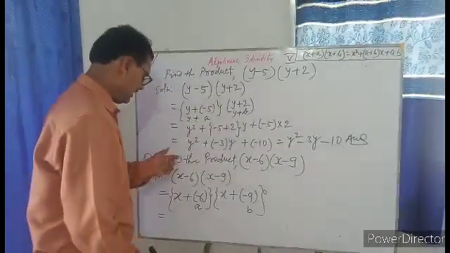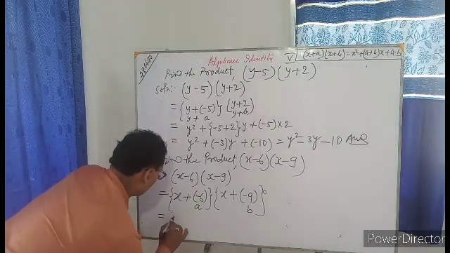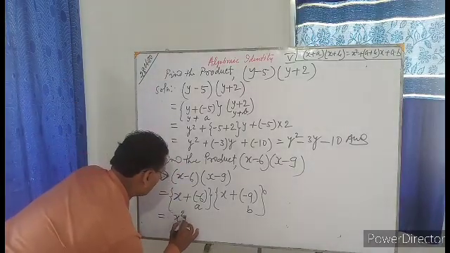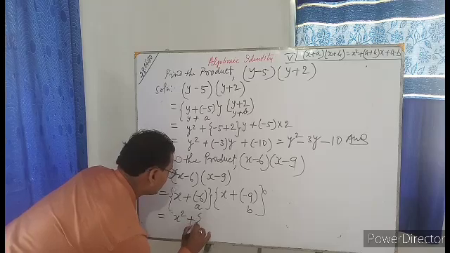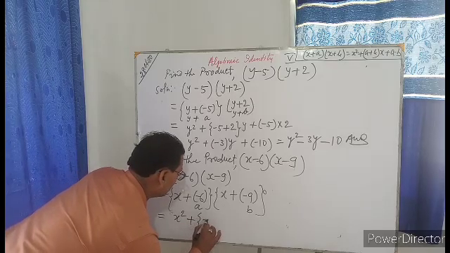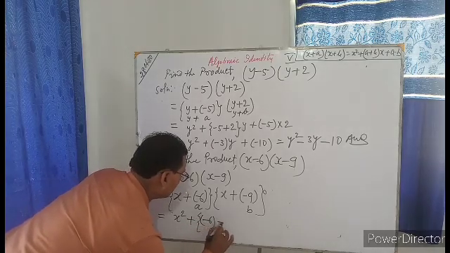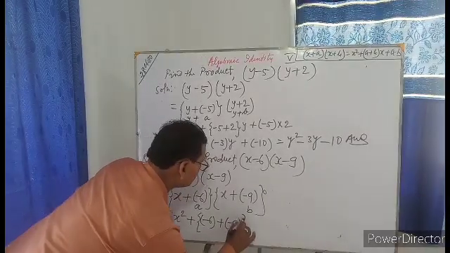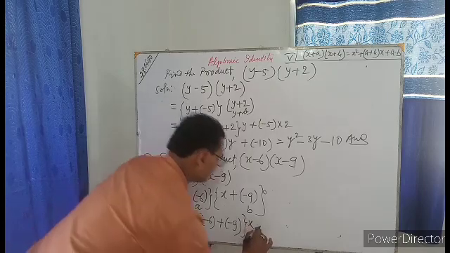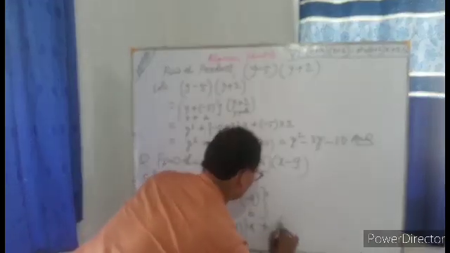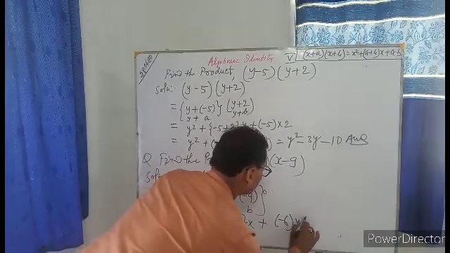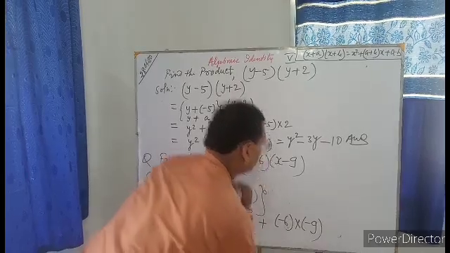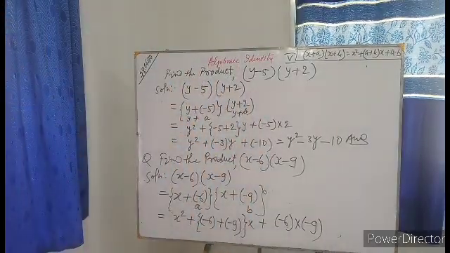Now recall the identity: x² + (a + b)x + ab. Let us see here: what is a? a is -6. And what is b? It is -9, and ab is -6 into -9. Any problem? I think no.